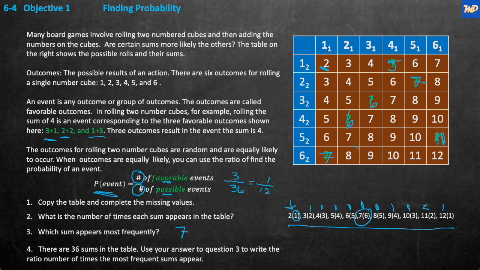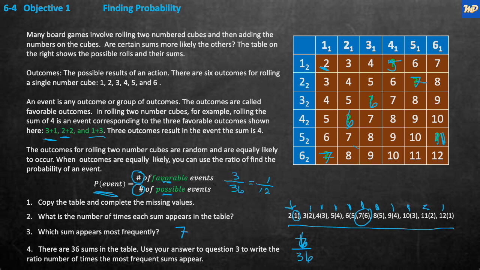And it says, question 4. There are 36 sums. We discussed that in this table. Use your answer to question 3, which sum appears most frequently, which is the 7, to write the ratio of the number of times the most frequent sum appears. Well, the most frequent sum is 7, 6 divided by 36.